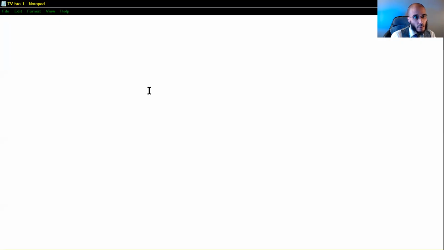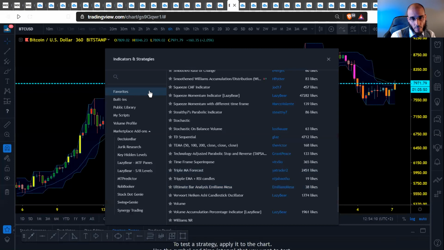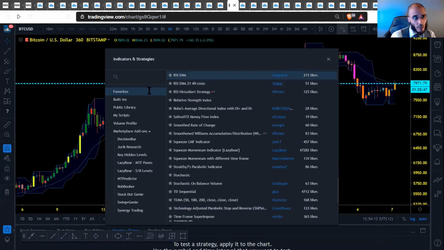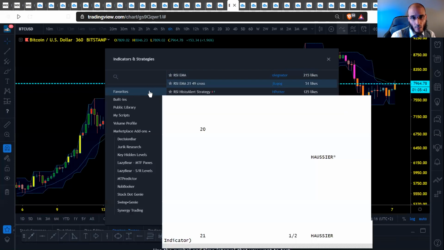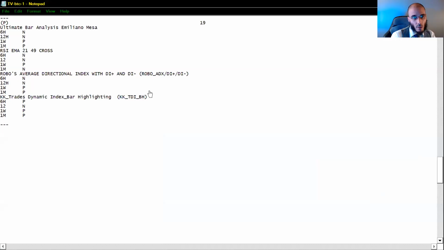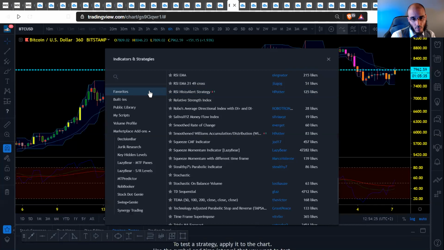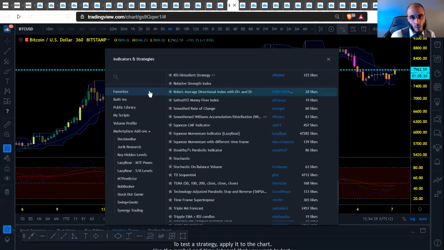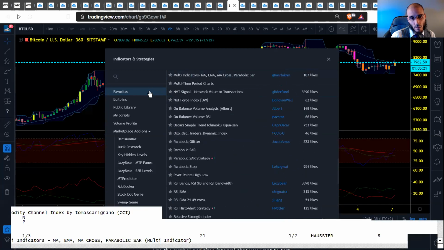Second indicator is RSI and EMA, with the 41, 21, 49 cross. Then the robust average directional index. And the last one is the KK trade dynamic index. Let's take the last one.